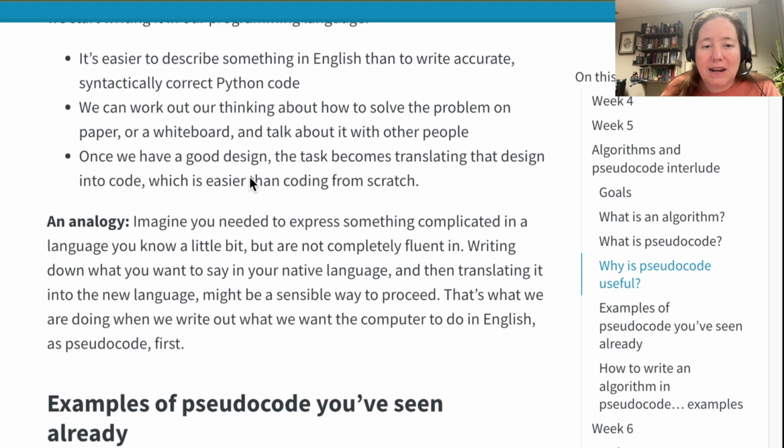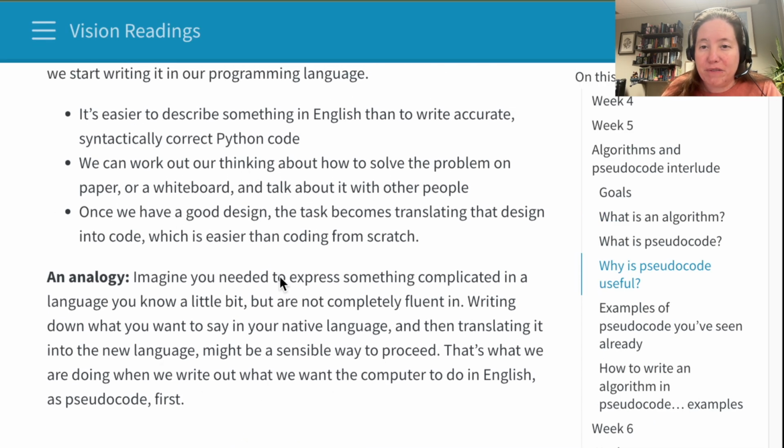So I have one little analogy here that I'll just leave this with, and then we'll go on and work out some examples. We'll take a look at some examples you've seen before. Imagine that you are in a situation where you need to communicate with someone in a language that you're not very strong in. You know a little bit of it, but you're not particularly fluent, and it's something complicated.